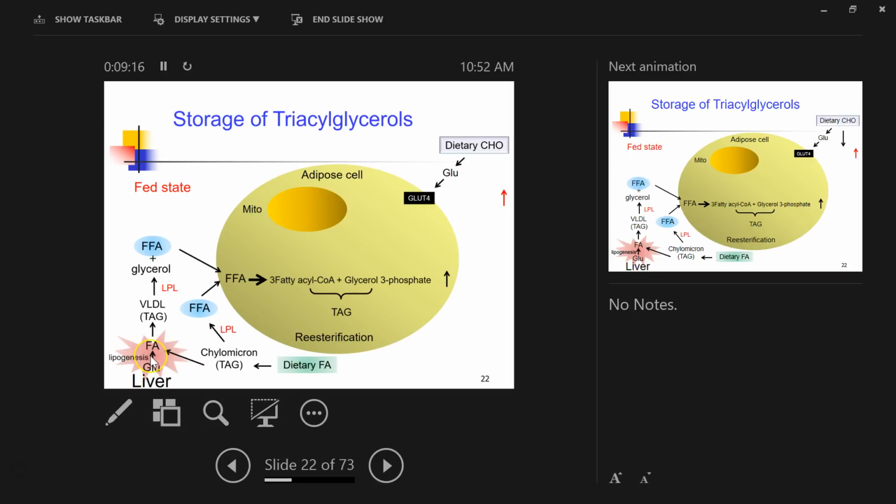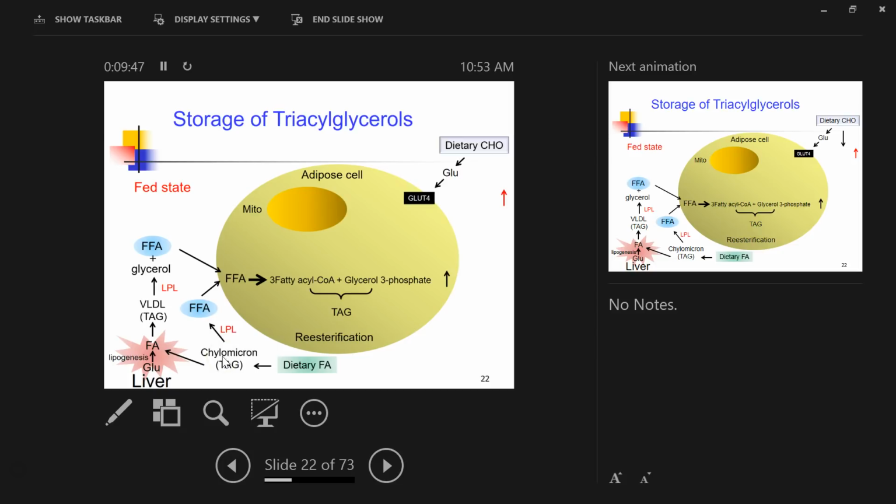Because under the fed condition, the liver also does lipogenesis by converting glucose to fatty acids and esterifying them into triglyceride, packed into VLDL and released into the circulation. So that also contributes to fatty acids. But again, the majority of fatty acids under the fed condition are from diet.